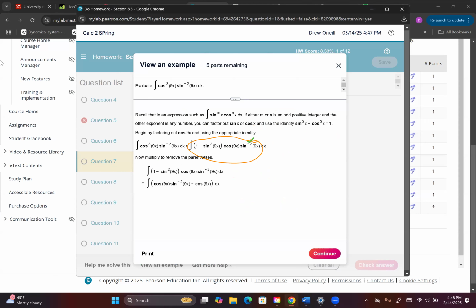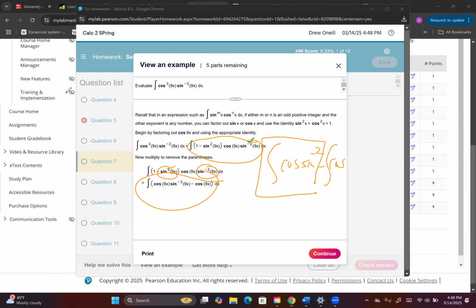And you can see that these two cancel, so this cancels with that, and we're left with this. So let's look at that, because that's kind of where we were. Cos sine -2 minus this cos, but this one's easy. So what we're really looking for is how are they going to do that?